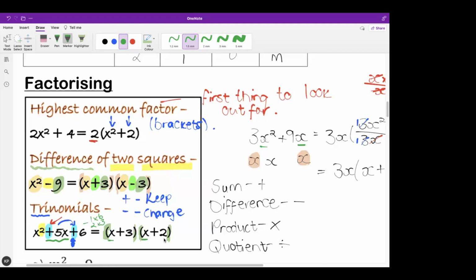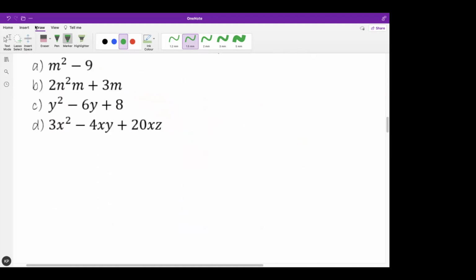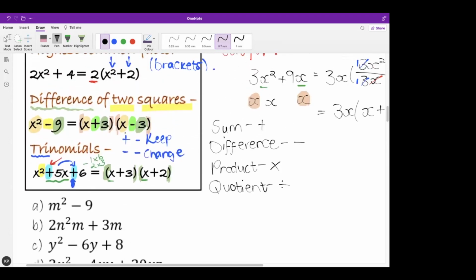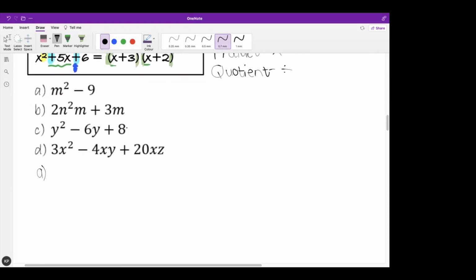Now let's get going and checking our factorization skills. Let's just do these 4 questions. Number A, well, A. Which factorization method am I using for A? Out of these 3 that we have spoken about here, does A have a common factor? I said you always check with the common factor. Nice, Buhlale, is this difference of 2 squares.